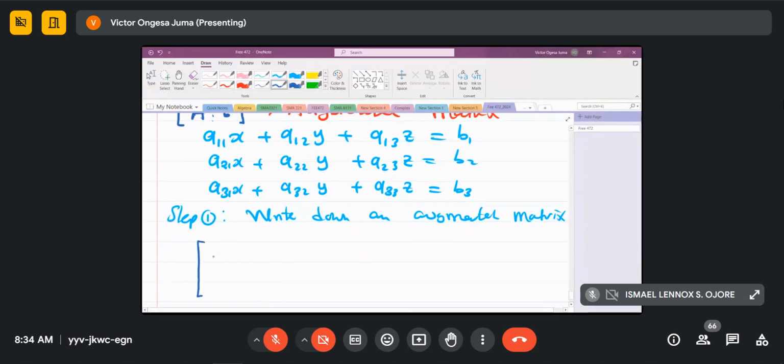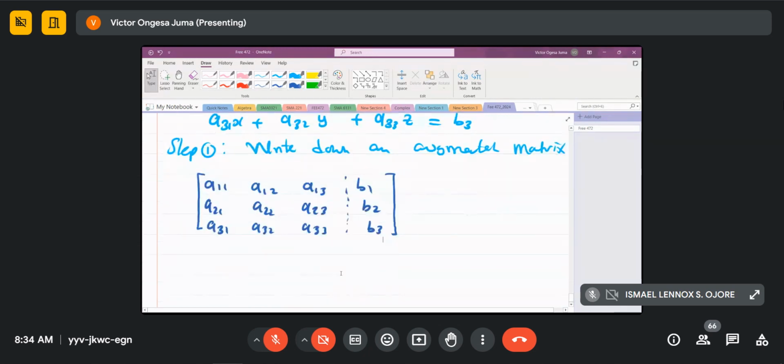So it is A11, A12, A13, and then this is B1; A21, A22, A23, and then this is B2; and then A31, A32, A33, and then this is B3. So this is what I'm calling an augmented matrix. And I told you this line, if you want, you can just remove it, but you put it so that you recall what this is.